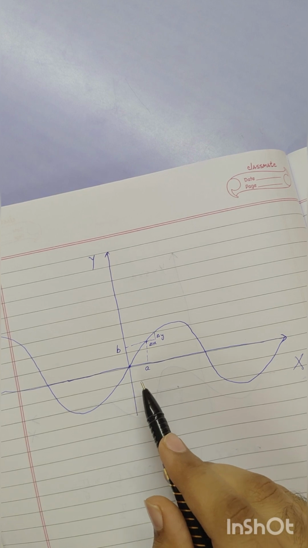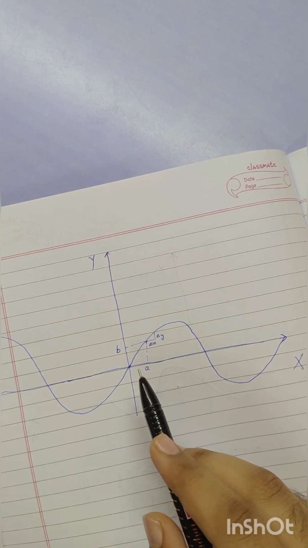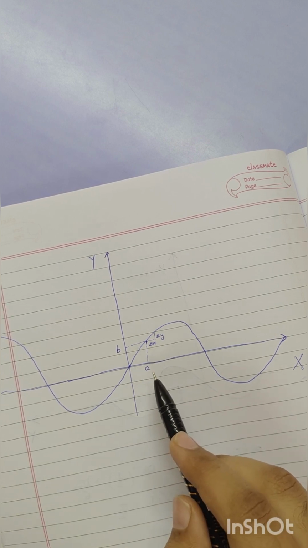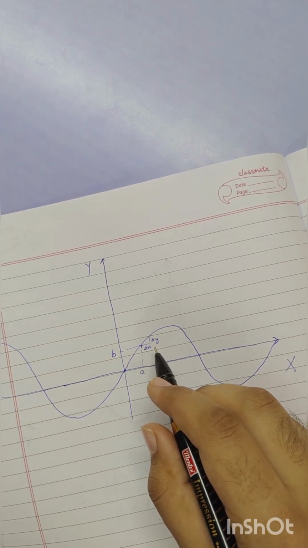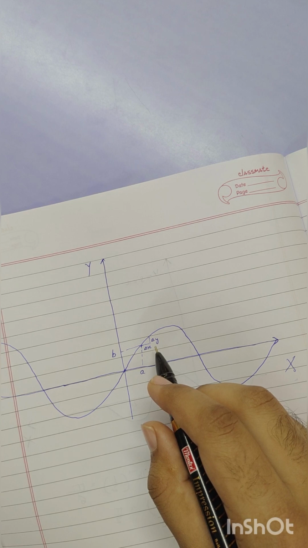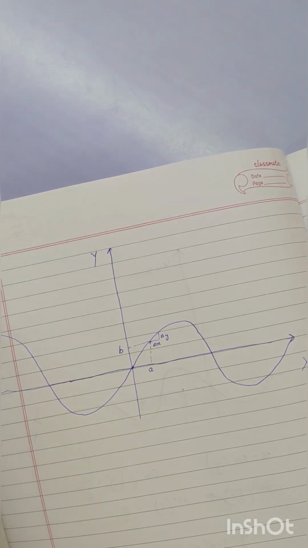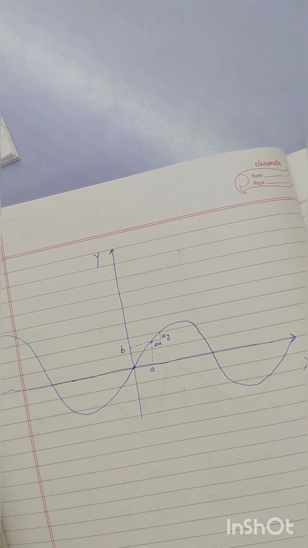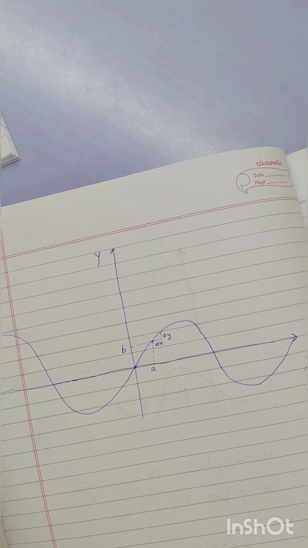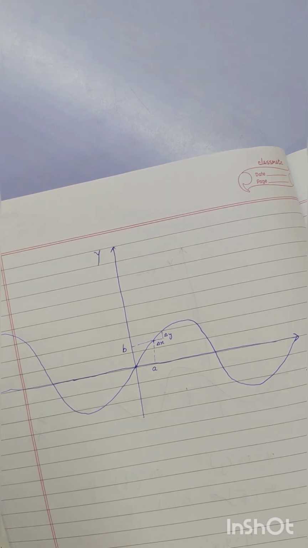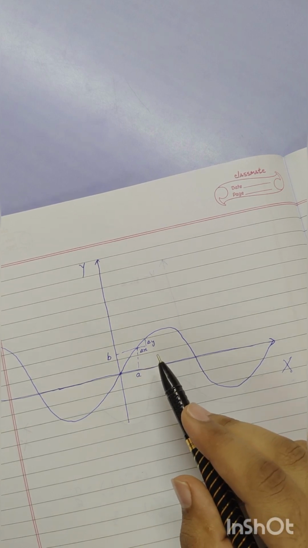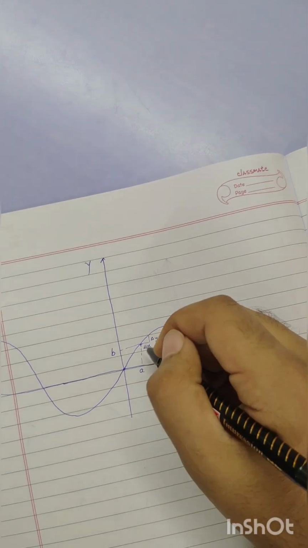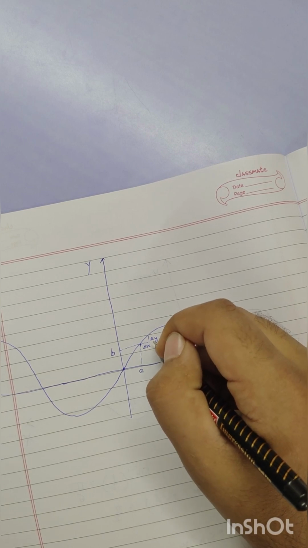To calculate the slope at point A, we move a little forward on the x-axis and observe the change in the value of y.